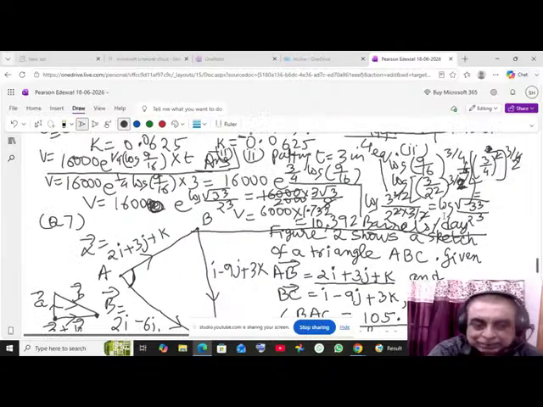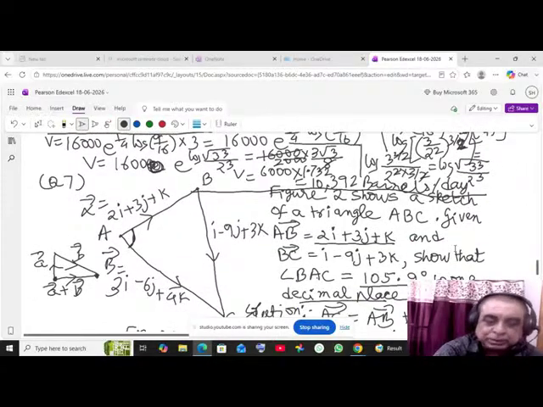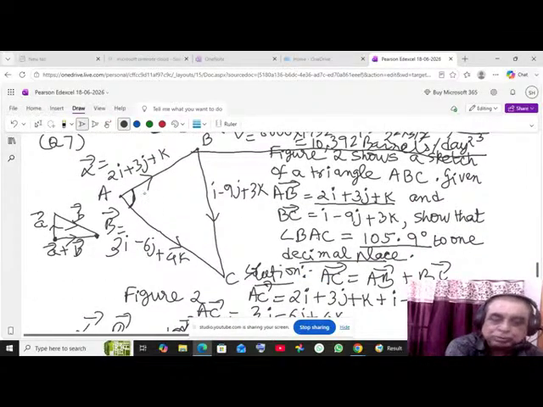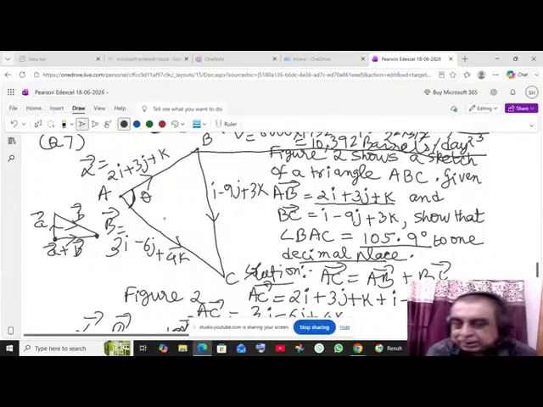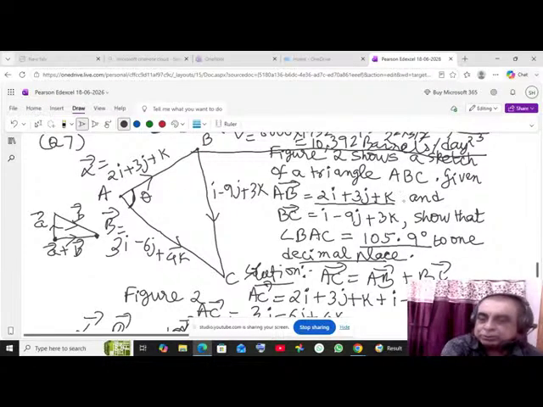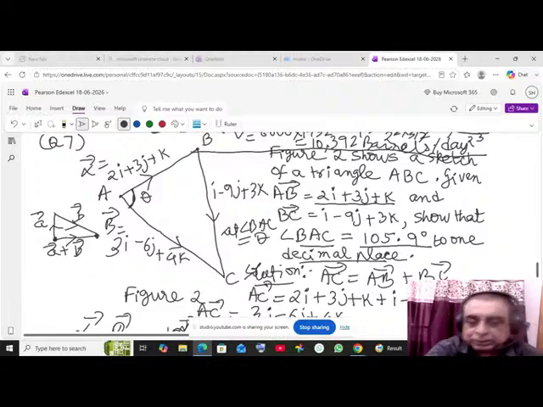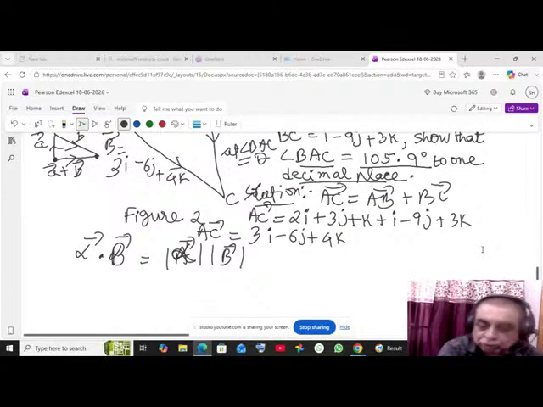The angle between alpha and beta is angle BAC, which is the angle we have to find out. Let me call angle BAC theta. So it will be cos theta.